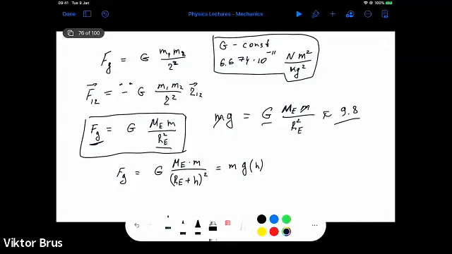Now, if we cancel out this mass, we get an equation which describes this dependence of g on height. So it's actually this one.